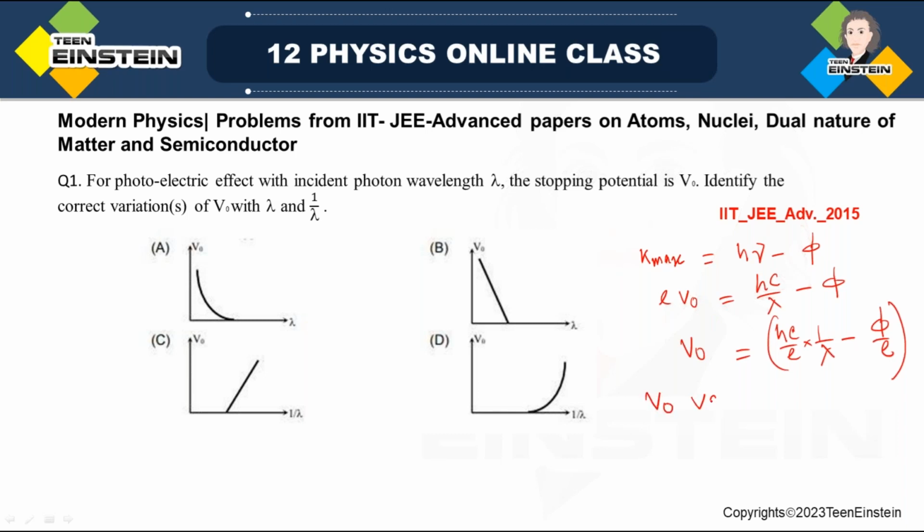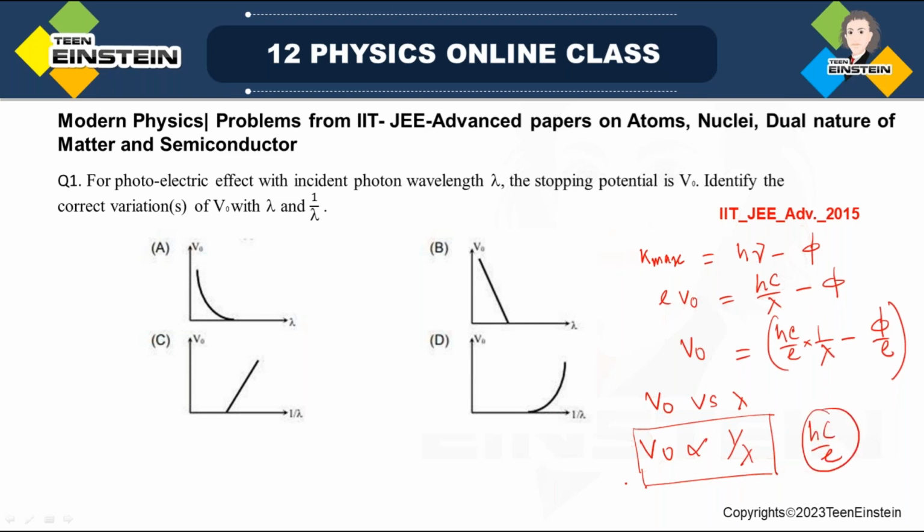See, if we plot now this V0 versus lambda, then it is varying like this. If I just ignore for the time being the intercept part, which is a negative intercept, the stopping potential and lambda are inversely proportional, and the proportionality constant is hc by e.